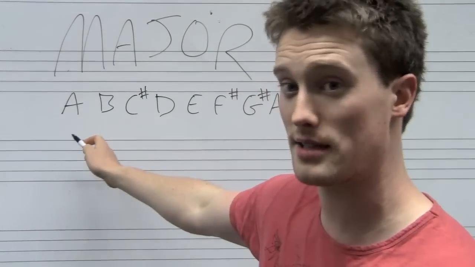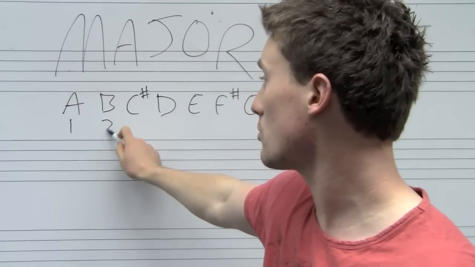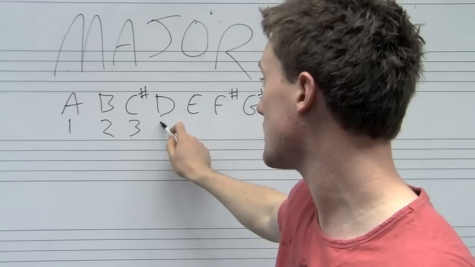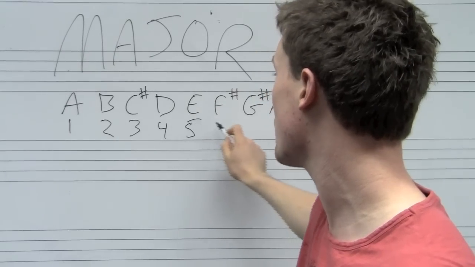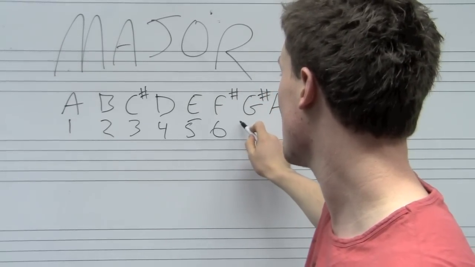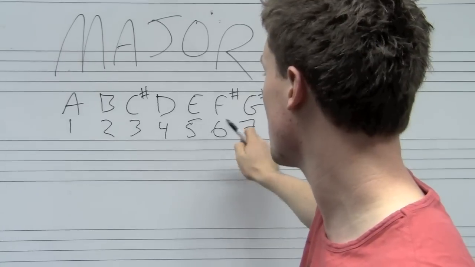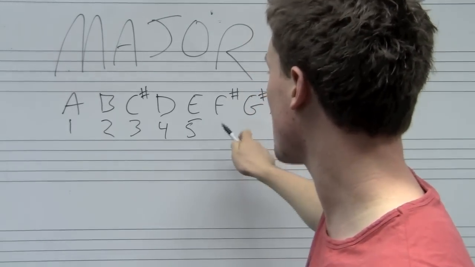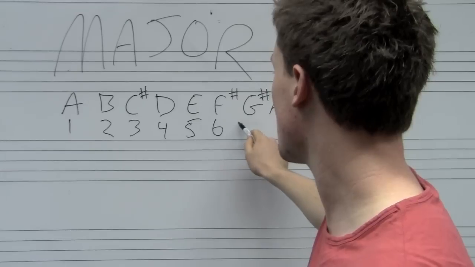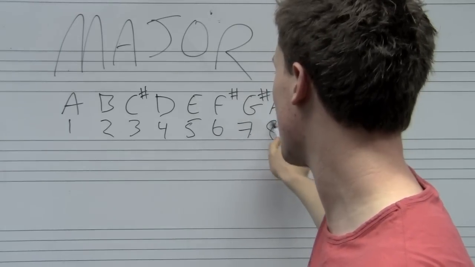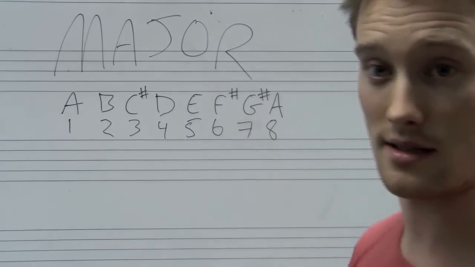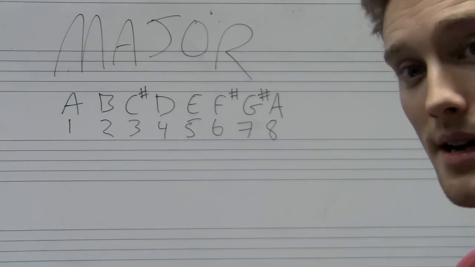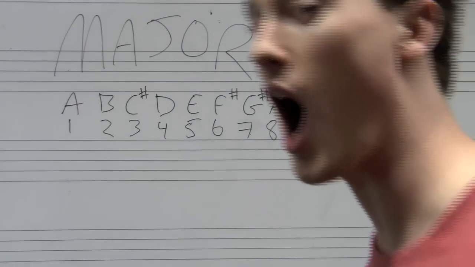The first A is going to be 1, B is going to be 2, C sharp is going to be 3, D is going to be 4, E is going to be 5, F sharp is going to be 6, G sharp is going to be 7, and back an octave up, A is going to be 8.